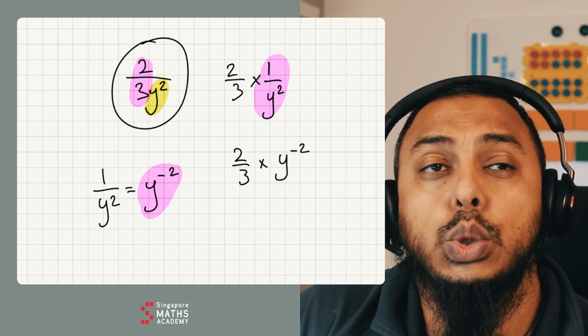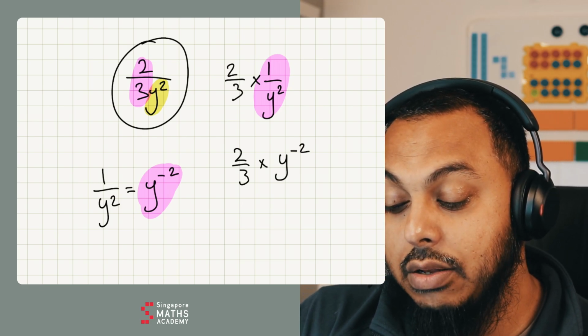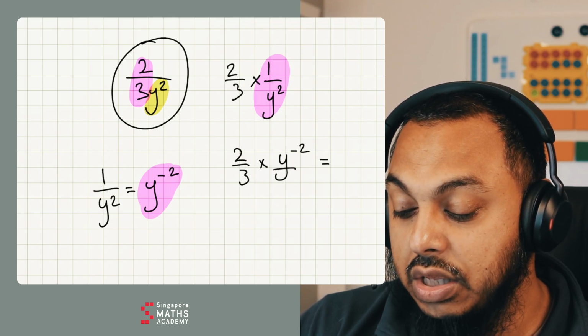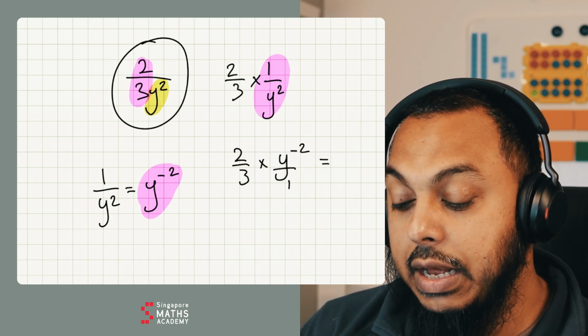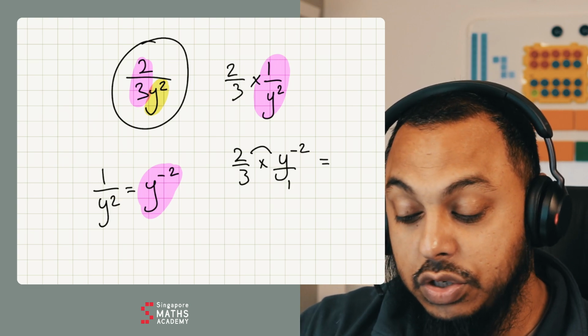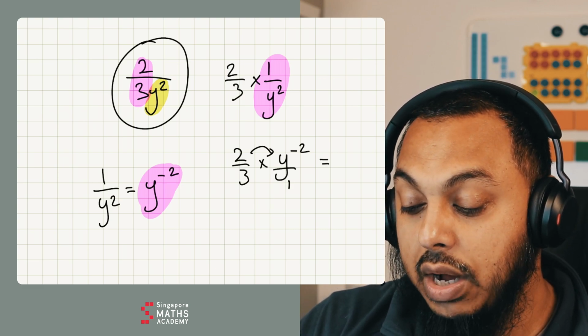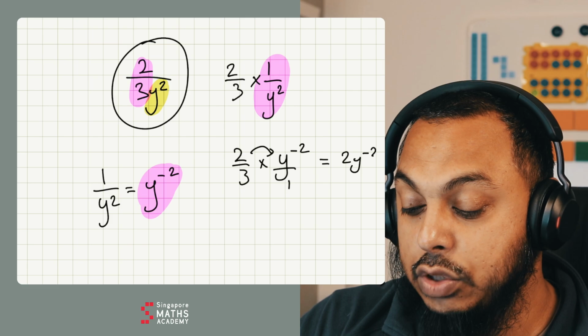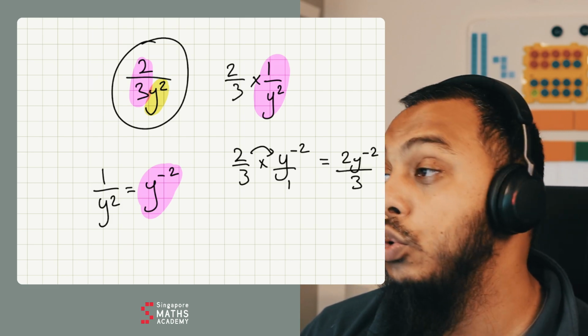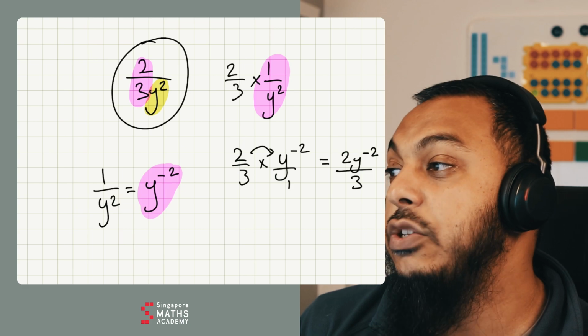So now we've got 2/3 times y to the power of negative 2. If you think of y to the power of negative 2 as over 1, we use the same rule: 2 times y to the power of negative 2, 3 times 1, and so it's just 2/3 y to the power of negative 2.